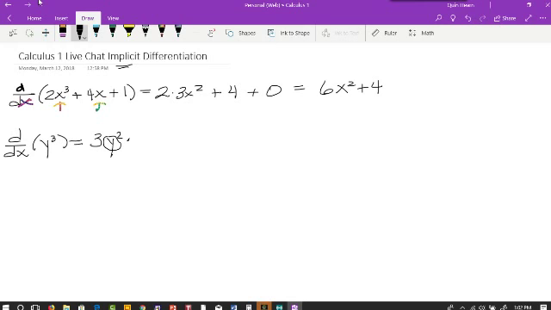So in this case, we don't know what it is, but we can just say it's the derivative of y with respect to x. So the derivative of y cubed with respect to x is 3y squared times the derivative of y with respect to x. So when you have a variable other than x in here, you've got to throw in that dy dx. It's really the chain rule being applied.